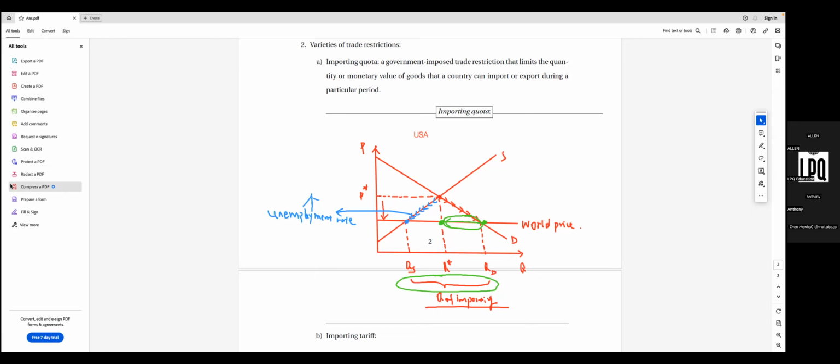Naturally, the domestic producers now can produce more. If we cannot import that much of the pencil from China, then domestic producers can supply more, can produce more for domestic consumers.